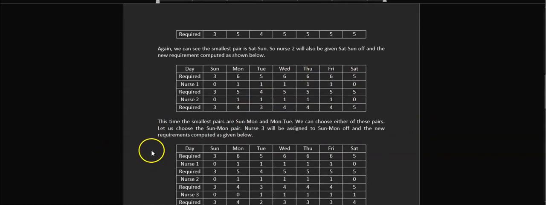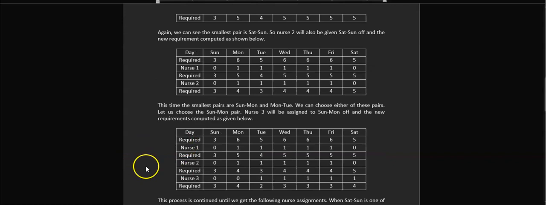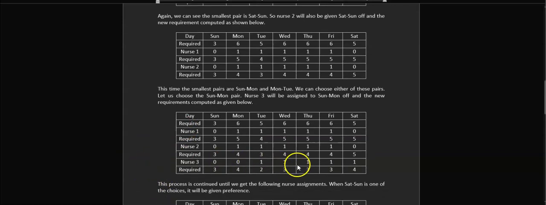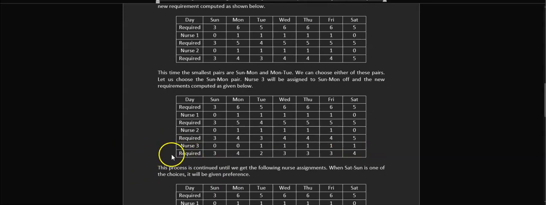So we keep on doing that over and over again until we get to nurse 3, and she had Sunday and Monday off because there was a 7, a 7, a 7, an 8, an 8, and an 8. So you could arbitrarily choose whichever of the 7s was the lowest number. So this resulted in getting Sunday and Monday off for this first pair of 7.